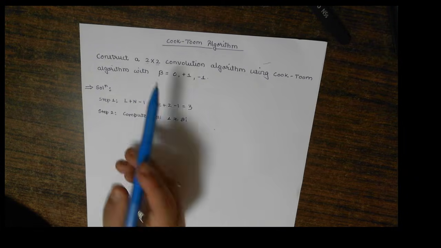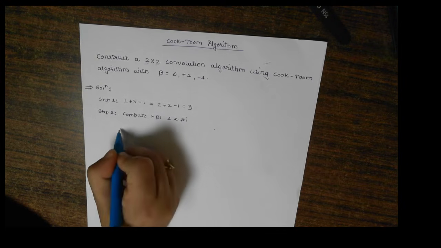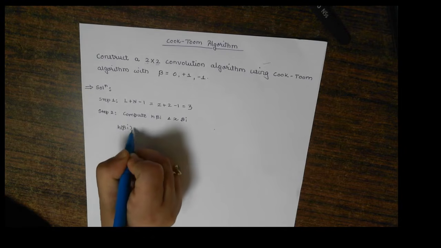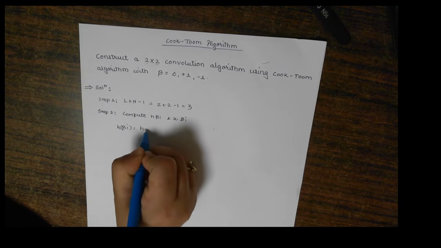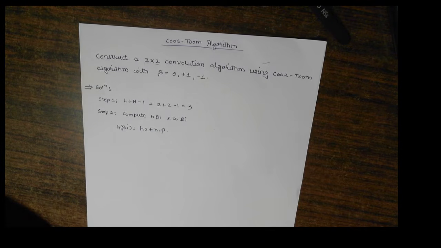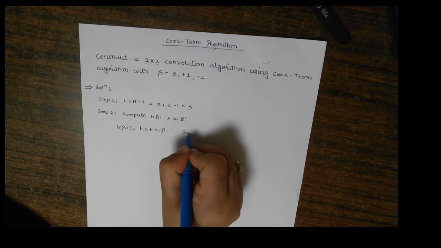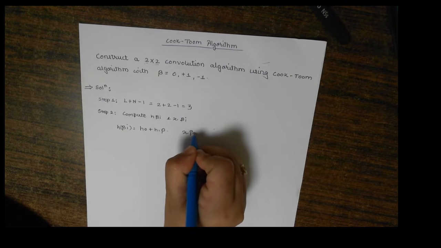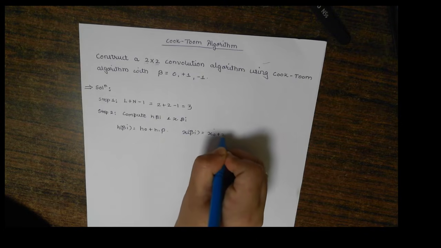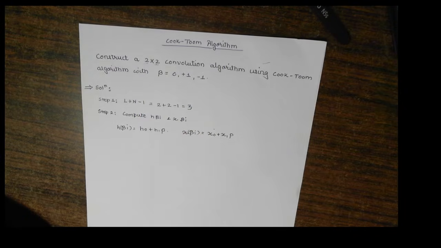This 2 represents that there will be 2 terms in the equation of h of beta i. So h of beta i equals h0 plus h1 p. It must be having 2 terms. Similarly, x of beta i equals x0 plus x1 p, because this is also having 2 terms.